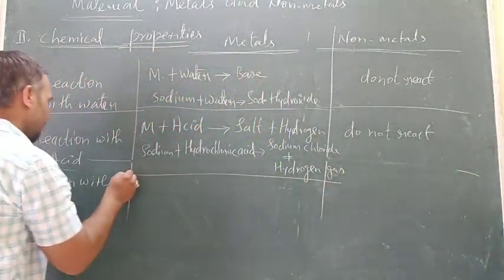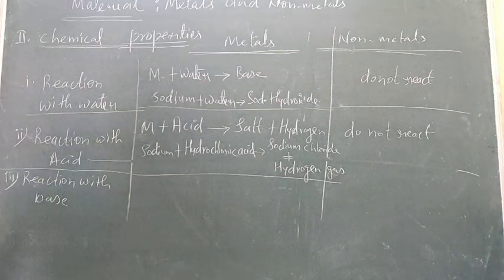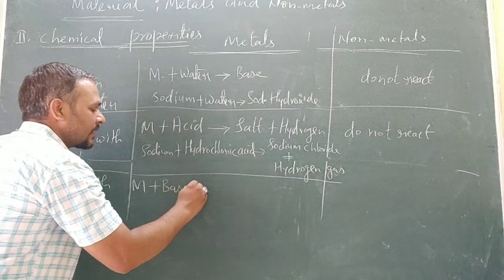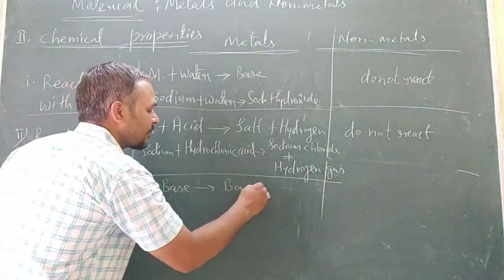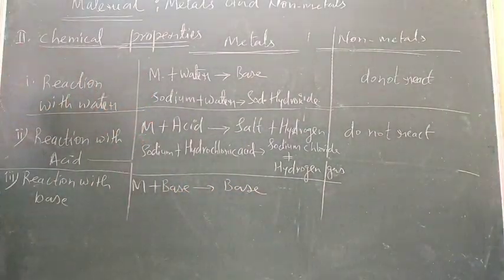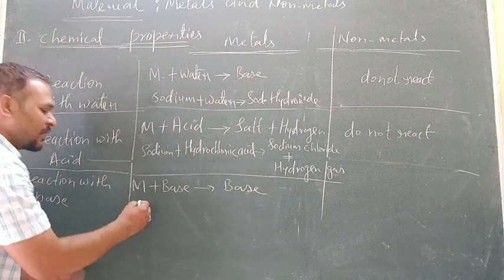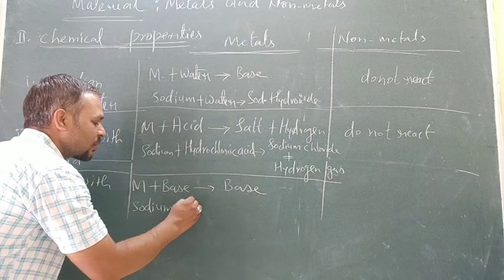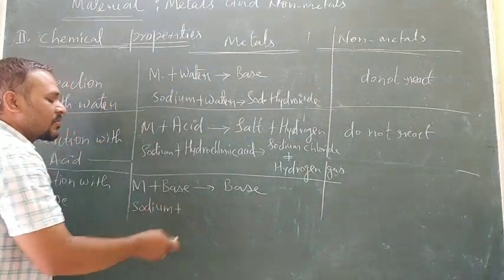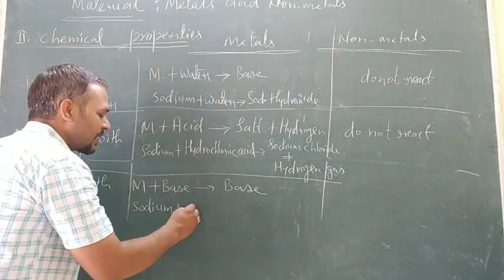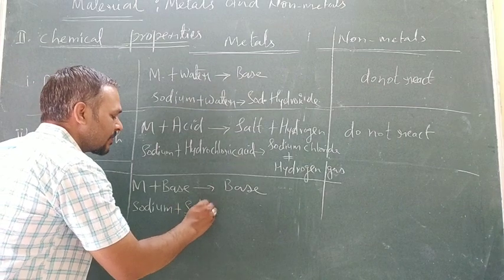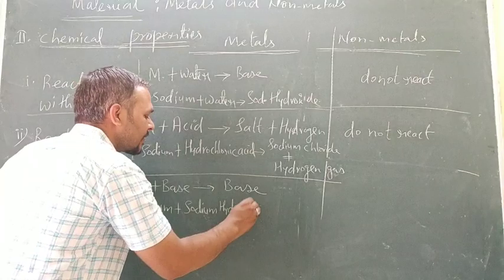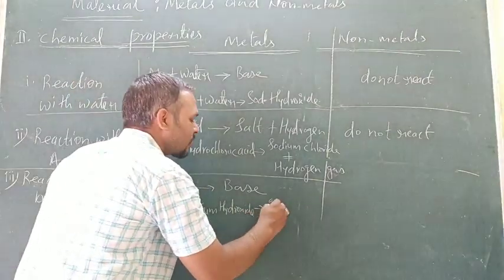Now the next one is reaction with base. When metal reacts with base, they form base only. For example, again you can take sodium. When it reacts with calcium hydroxide or sodium hydroxide itself, you can take sodium hydroxide, they form sodium hydroxide only.